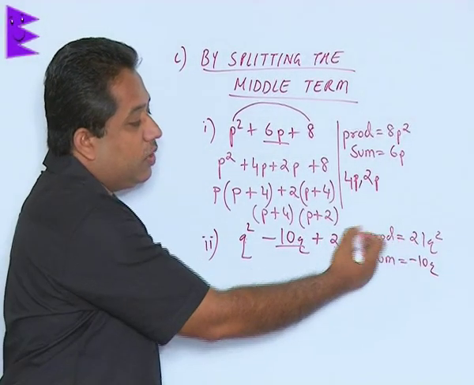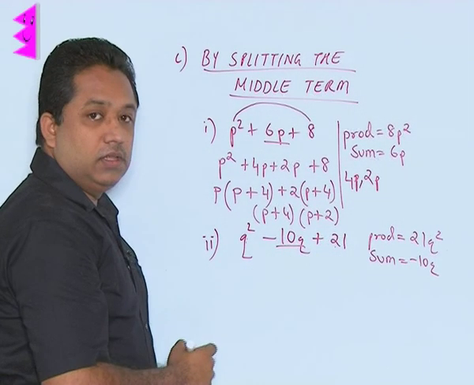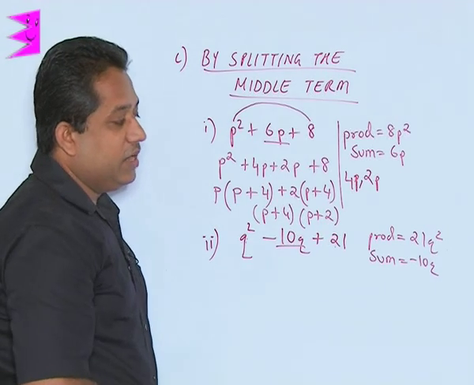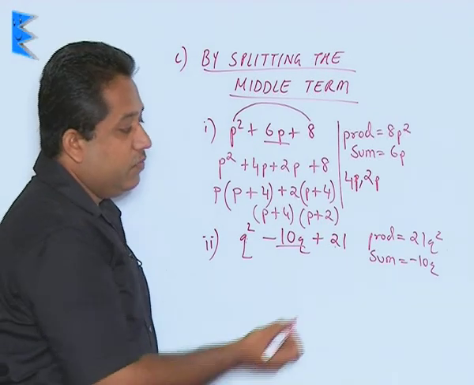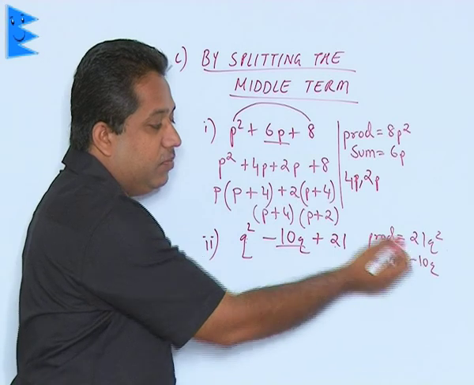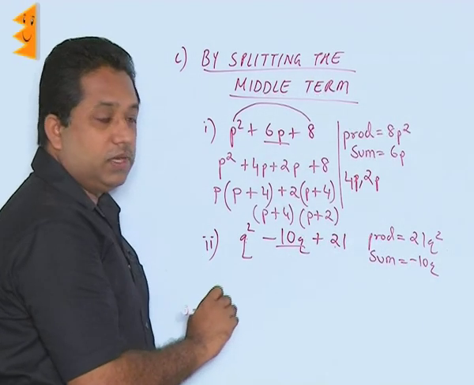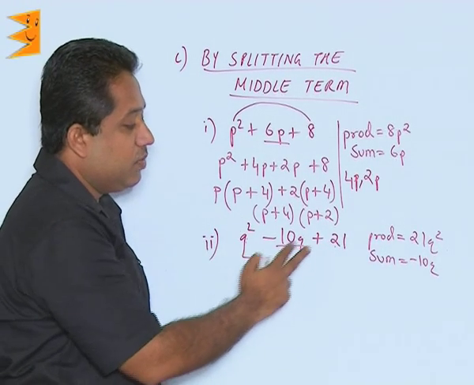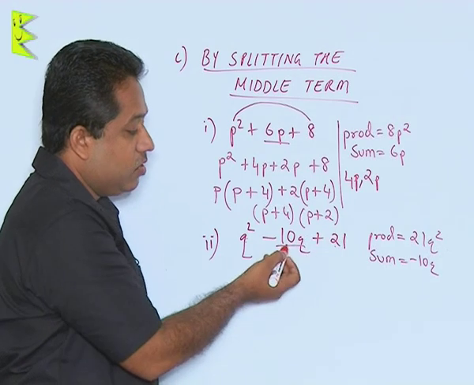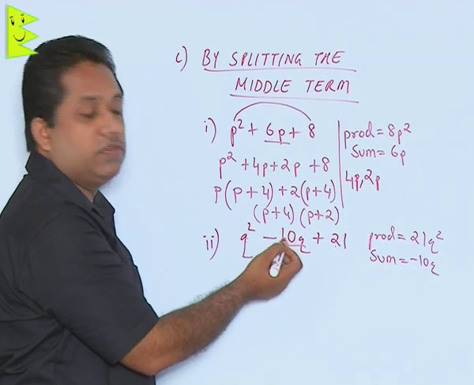Now, look at the factors of 21. Which two numbers on multiplying will give me 21, and which two numbers on adding will give me 10. So, we will have to look at both the possibilities. We need two numbers which on multiplying will give me 21 and on adding will give me this minus 10.